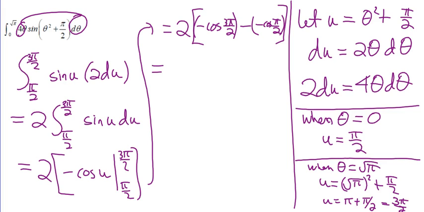Okay, so 2 times. All right, what's cos of 3 pi over 2? What does cosine look like? It's like all zeros, right?